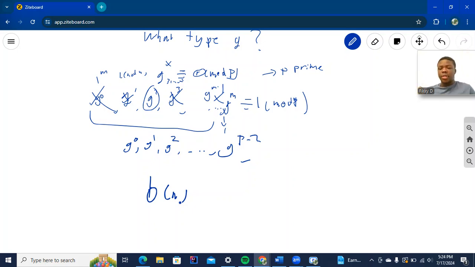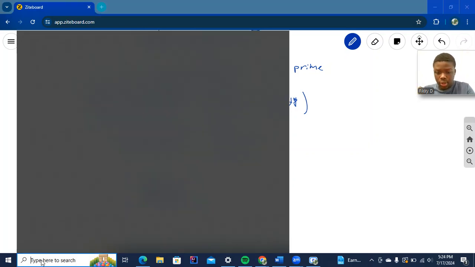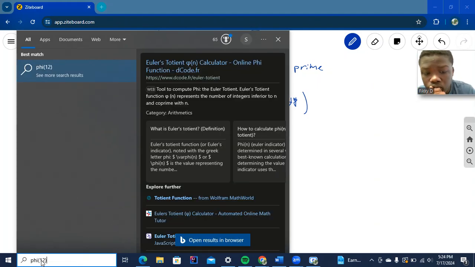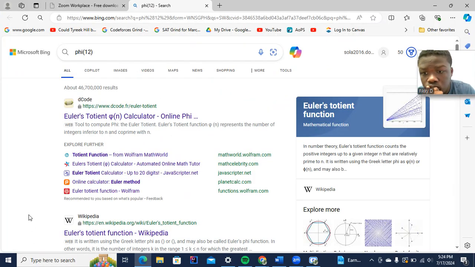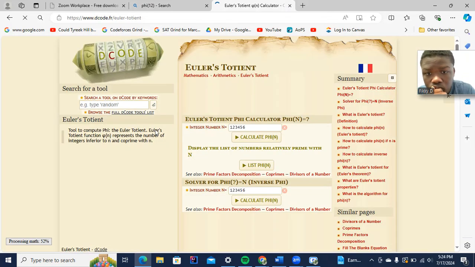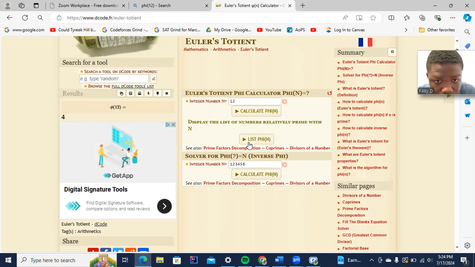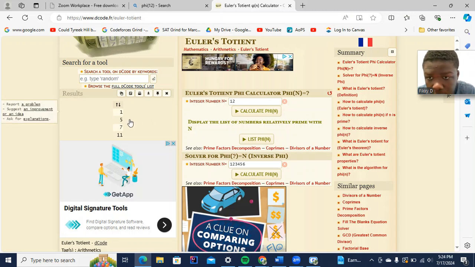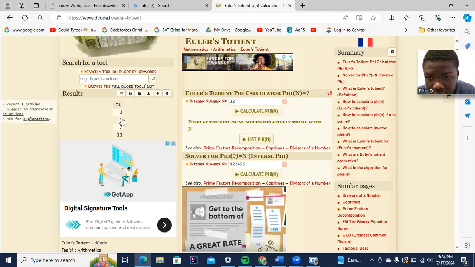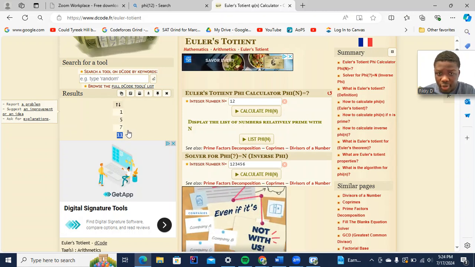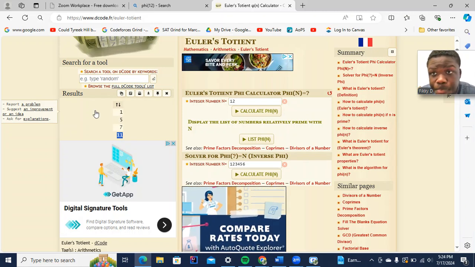So, for example, phi of 12 is the amount of numbers that are relatively prime to 12: 1, 5, 7, 11. So phi of 12 would be 4.